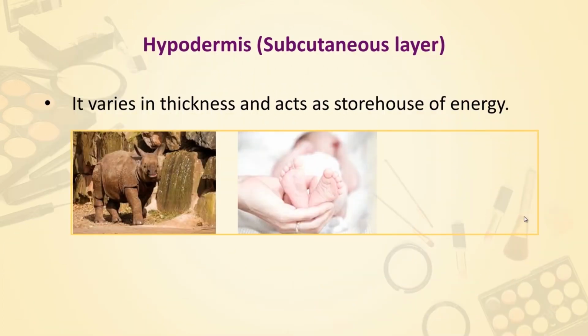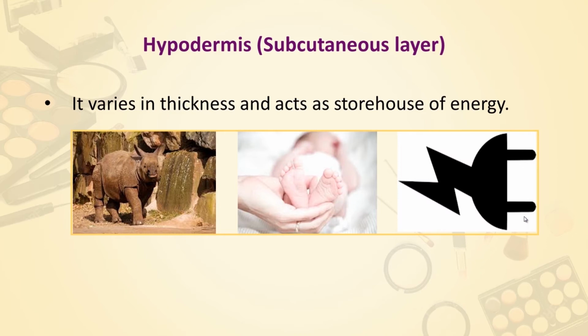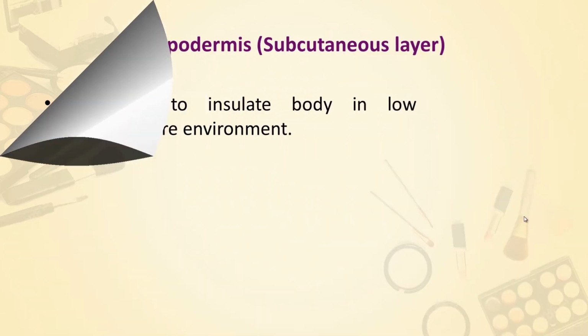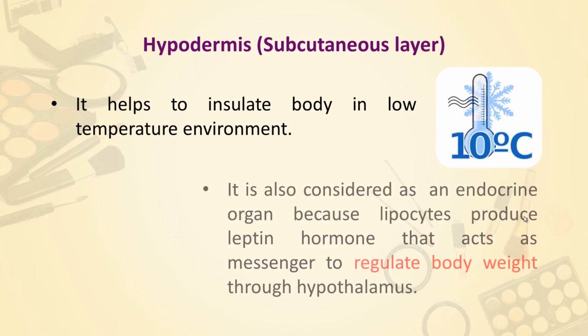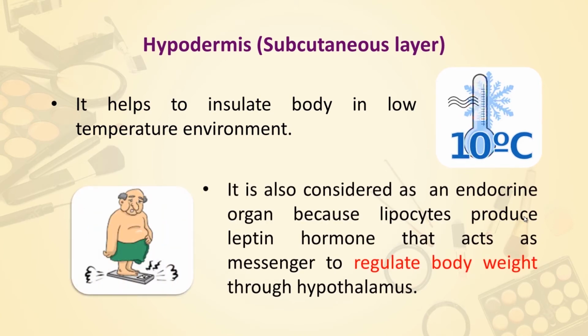It varies in thickness and acts as a storehouse of energy. It helps to insulate the body in low temperature environments, and it is also considered an endocrine organ because lipocytes produce leptin hormone that acts as a messenger to regulate body weight through the hypothalamus. So, it was about the hypodermis.